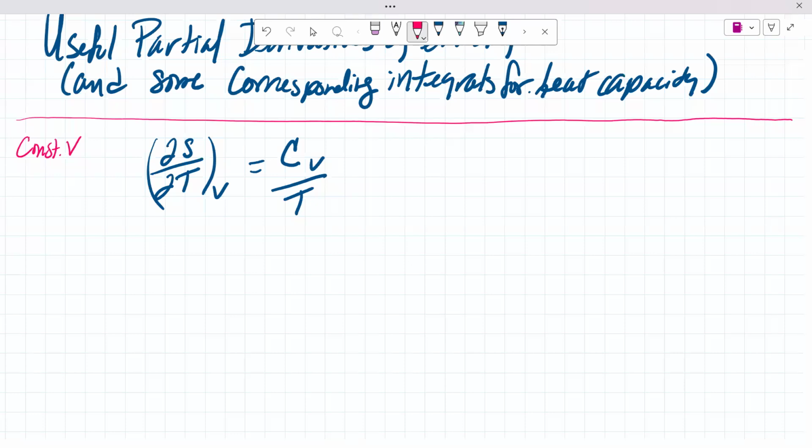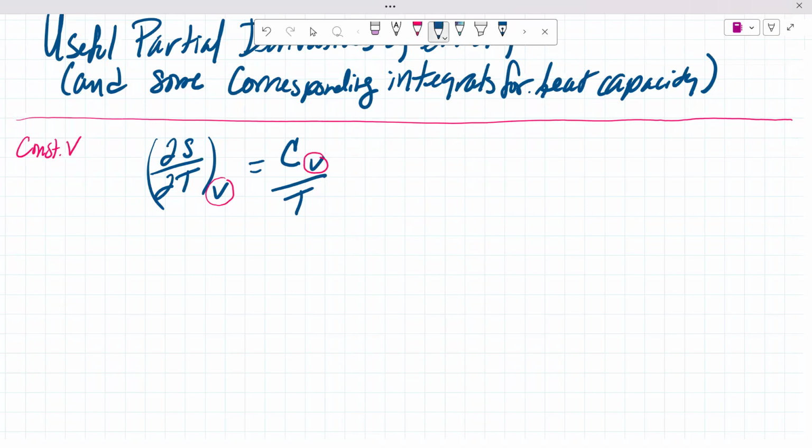So this subscript V means volume is constant. And C_V here also means volume is constant, and here is the partial derivative with volume constant. So it's under the constant volume situation.